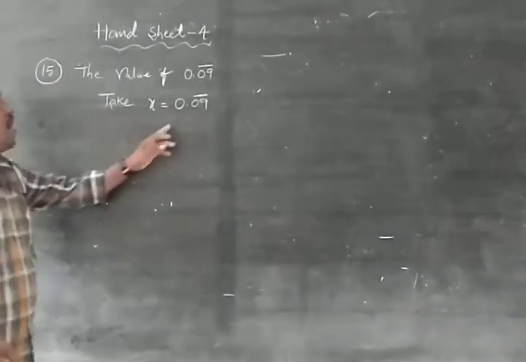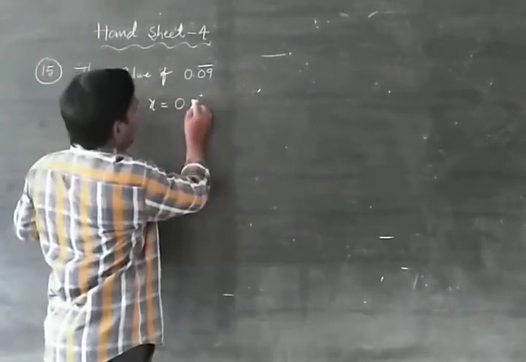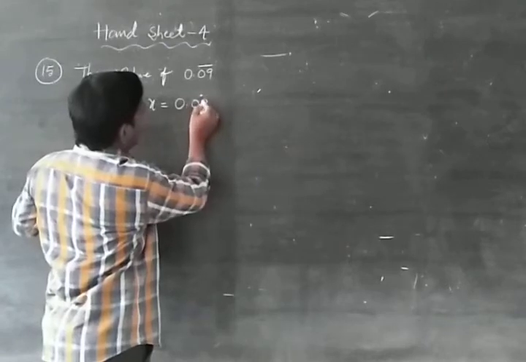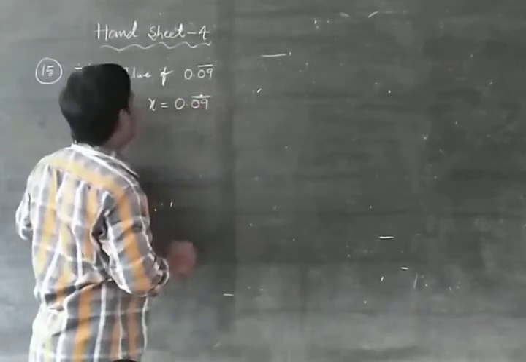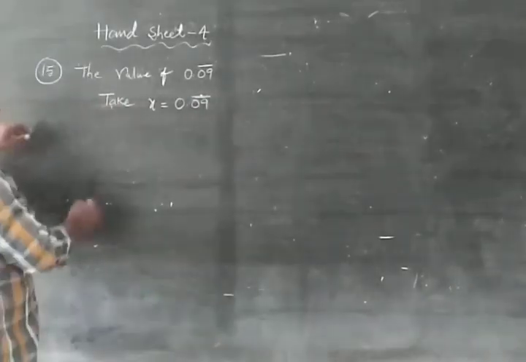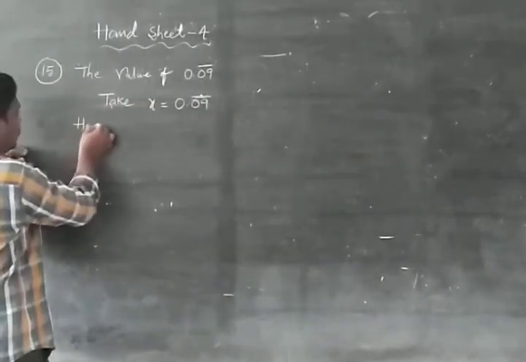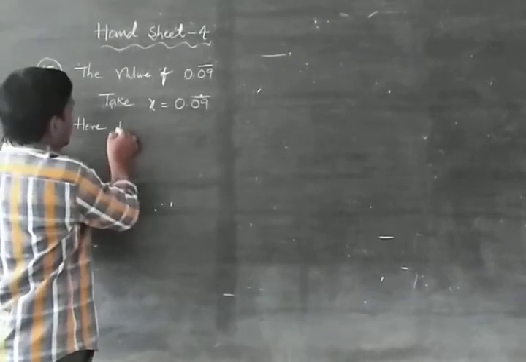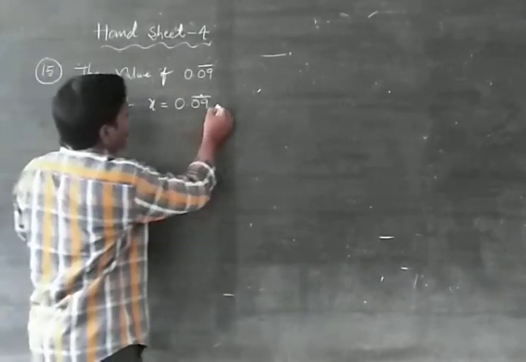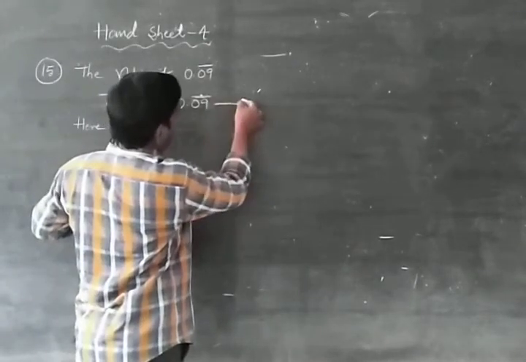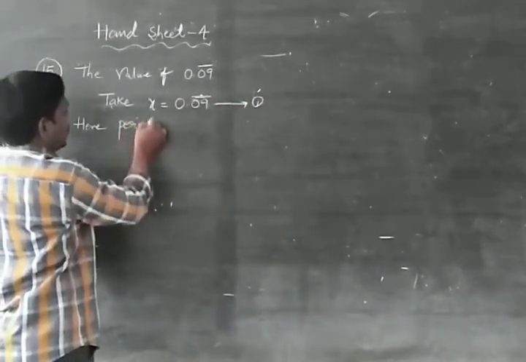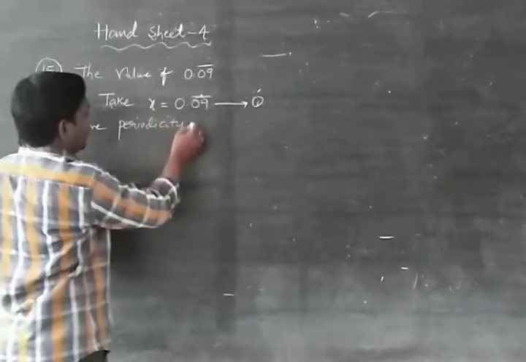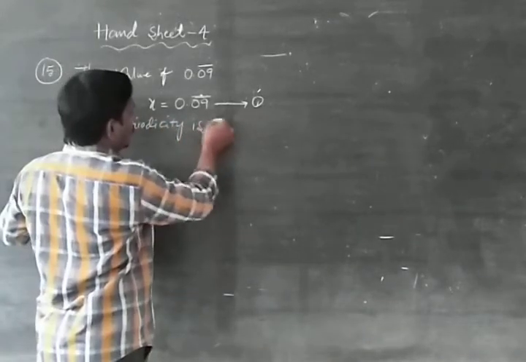The bar is on 0.9. Here the periodicity is 2.